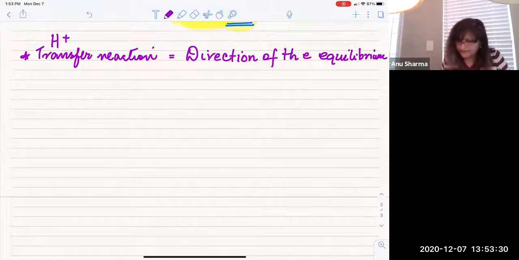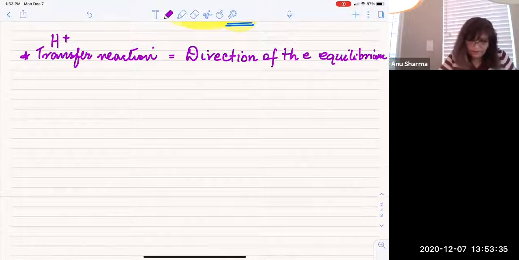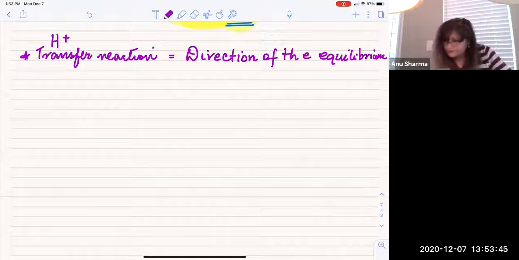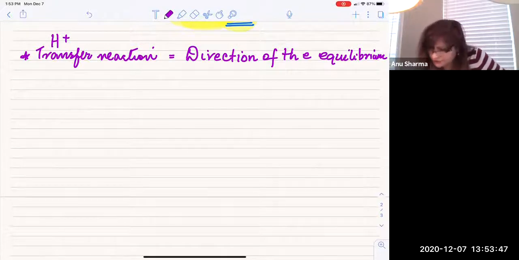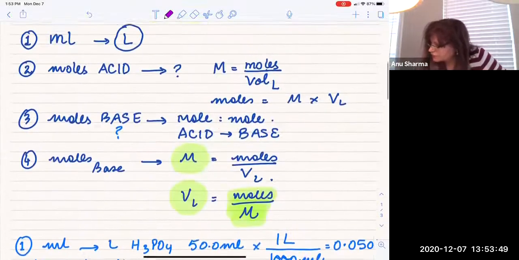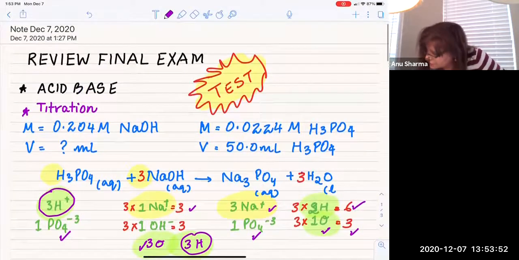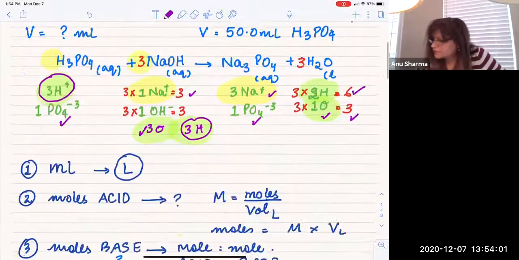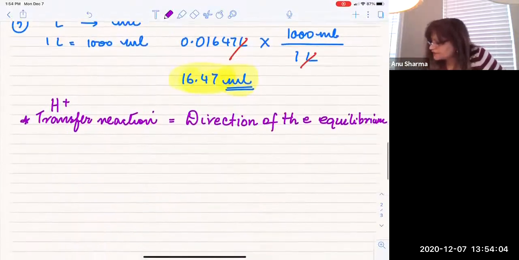The one I did on the titration was 11.65, and this is page 427. So some of these questions might just come out to be your homework questions. So in a way, this is like a review.